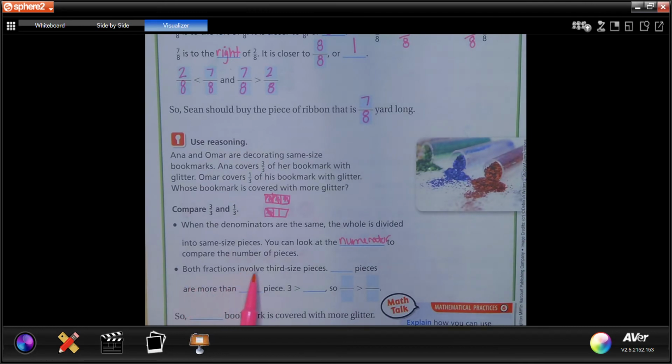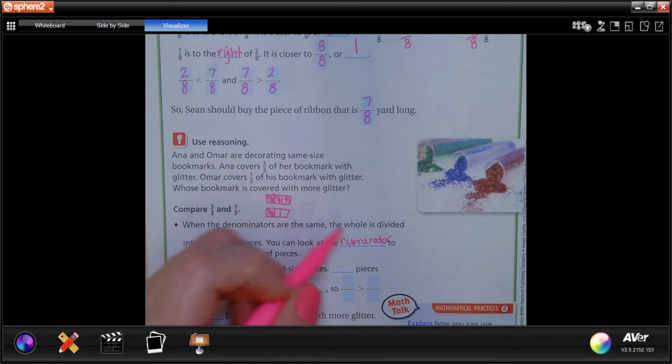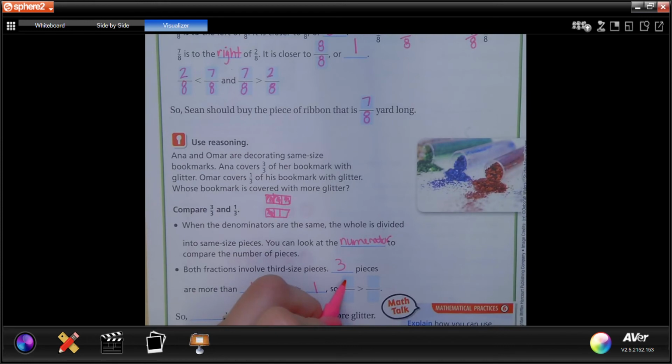Both fractions involve third-size pieces, which means 3 pieces are more than 1 piece. So 3 is greater than 1. So we know that what is greater than what? We know that Anna's 3/3 is greater than Omar's 1/3.